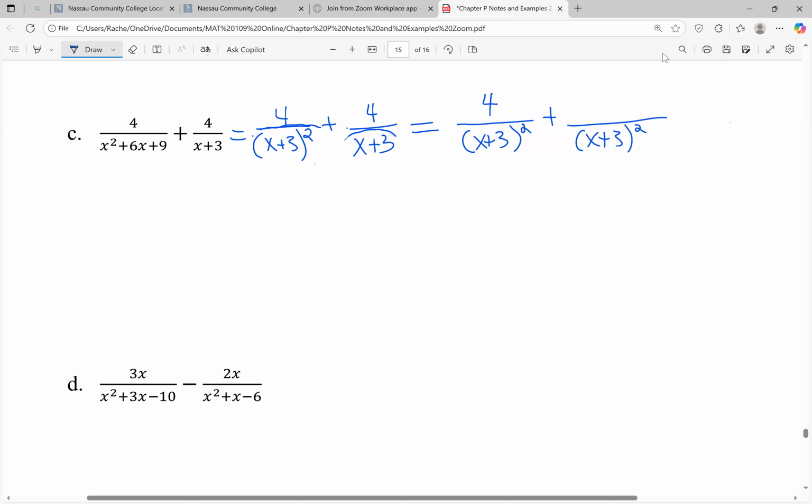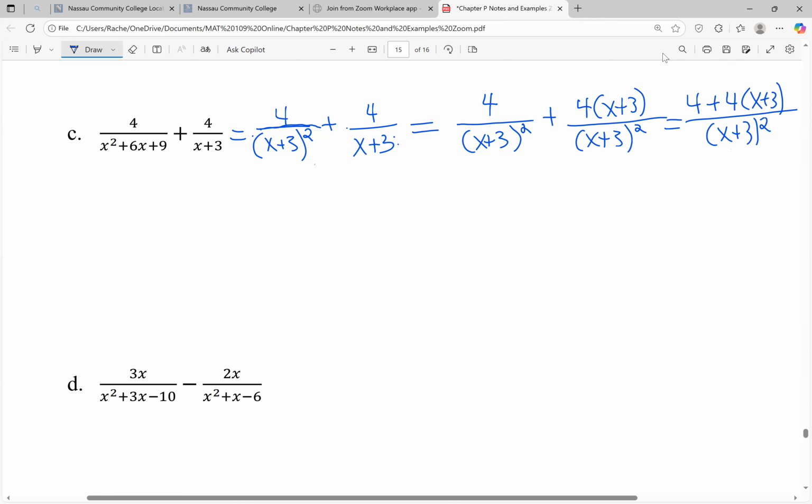But now let's rewrite this second fraction, 4 over x plus 3. How did this x plus 3 become x plus 3 squared? Well, it was multiplied by x plus 3. So now I have to take the numerator, 4, and multiply it by the same factor, x plus 3. Now we can add. So I'm going to have 4 plus 4 times x plus 3 over x plus 3 squared.